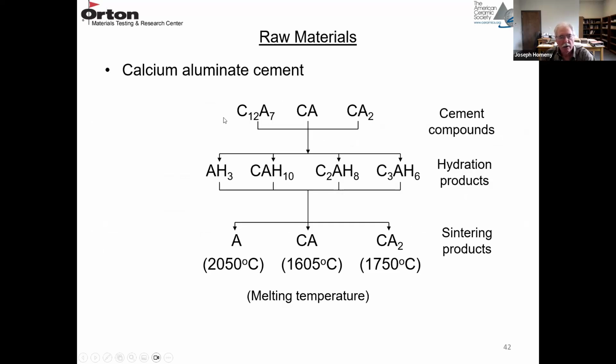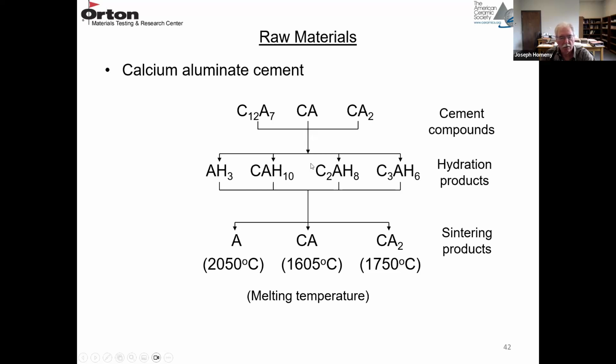So these are the main cementitious compounds. CA is the primary one, then CA2 in lesser amounts, and finally small amounts of C12A7. These are the hydration products we just went over. AH3, CaH10, C2AH8, C3AH6. Again, this is the product above room temperature.